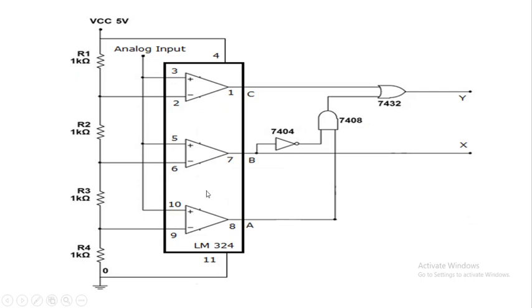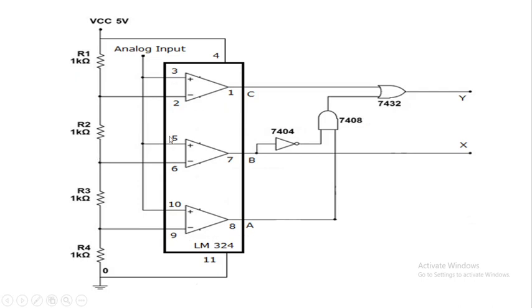As they are comparators, the reference level for comparator A is 1.25, the reference level for comparator B is 2.50, and the reference level for comparator C is 3.75. It means if the voltage at the non-inverting terminal of comparator A is greater than 1.25, then comparator A will be on.